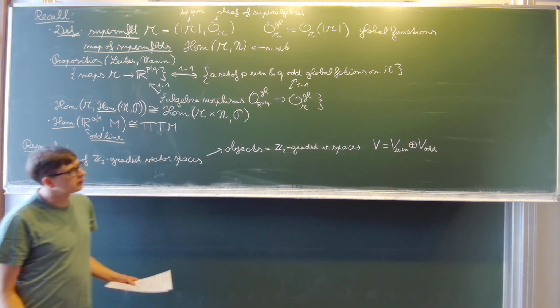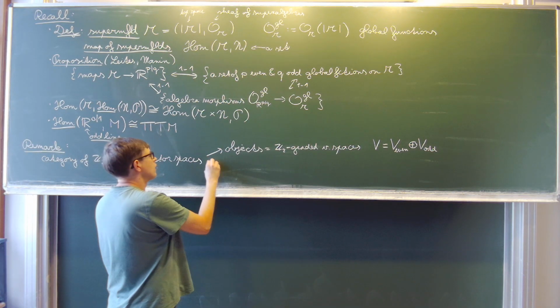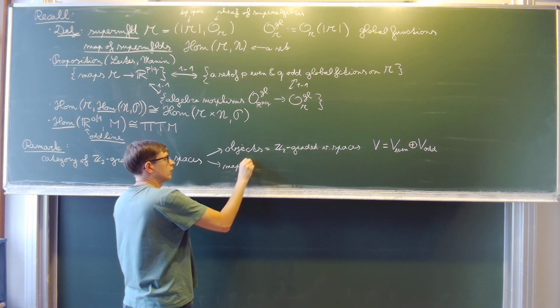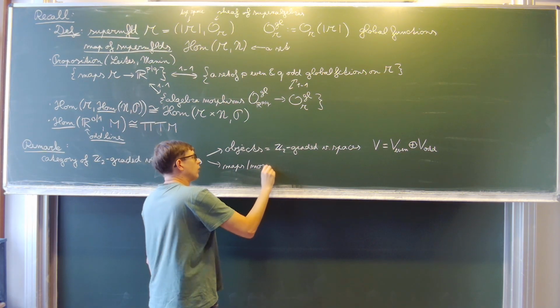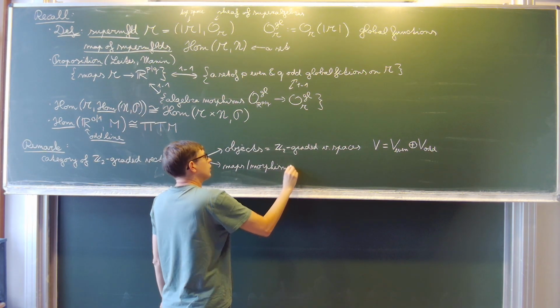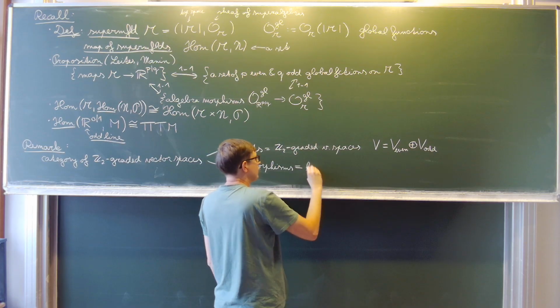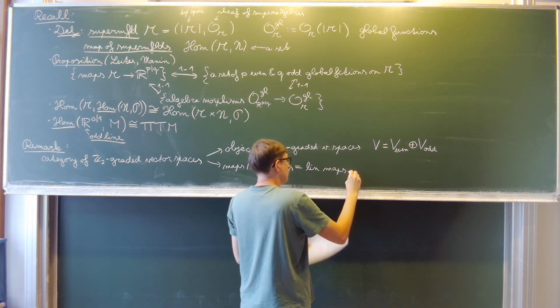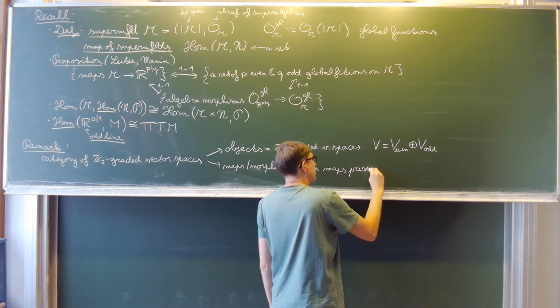And that's it. There is no further data. And the morphisms here, the morphisms in this category, are linear maps preserving parity.